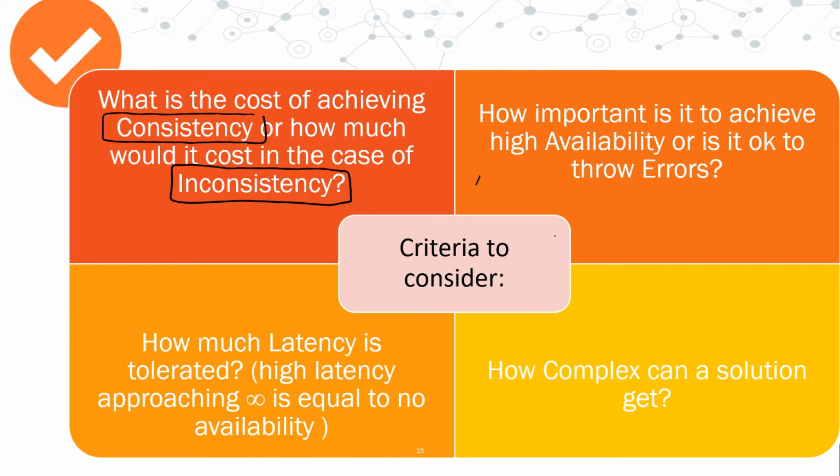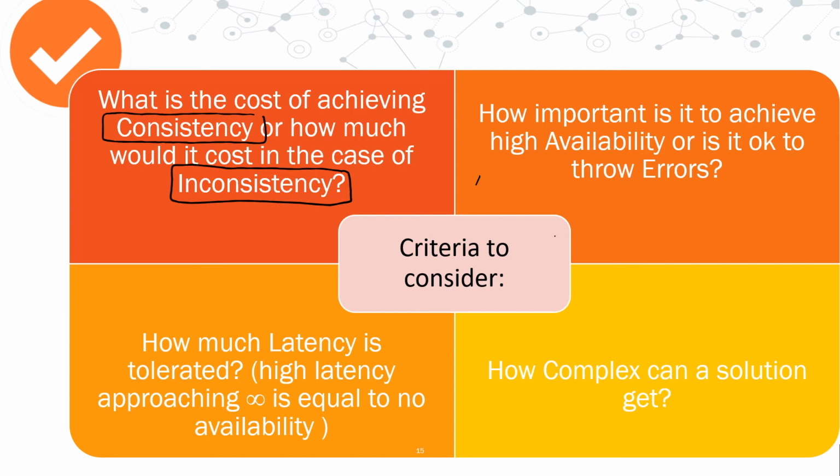That means the data can be slightly outdated, right? When some users access the data, they may not see the most up-to-date version. Would it cost the business? Would it have any effect? This is what you have to consider.